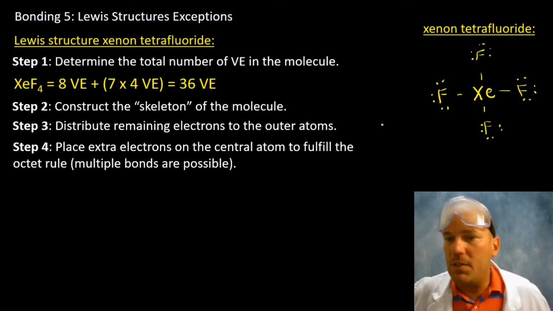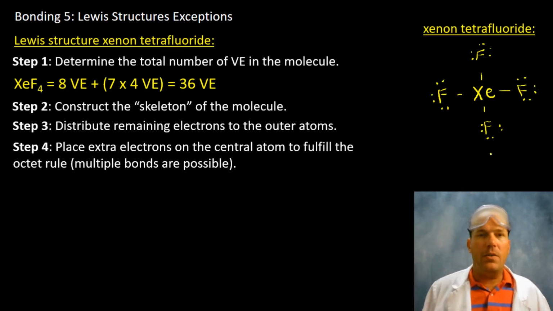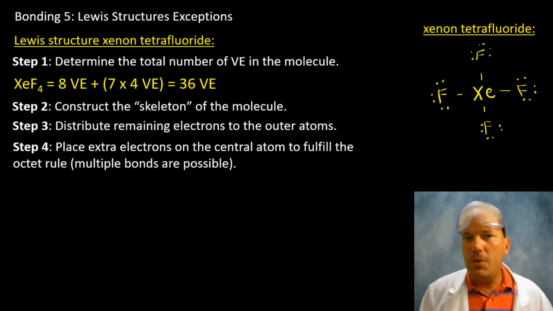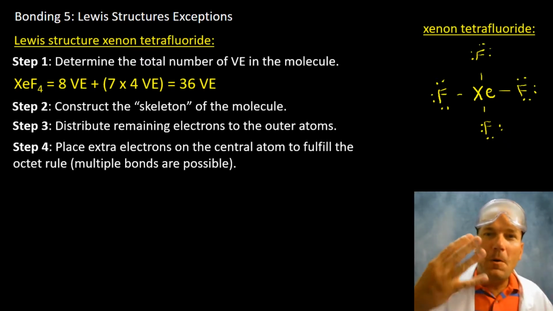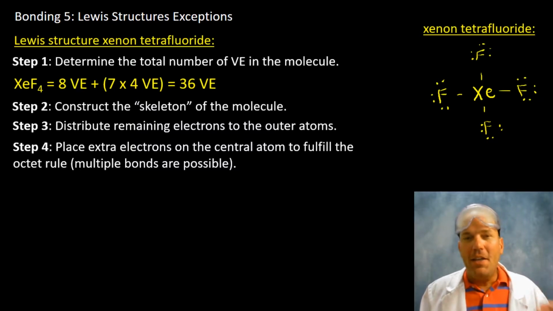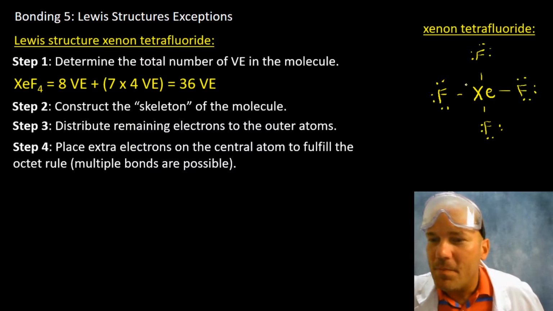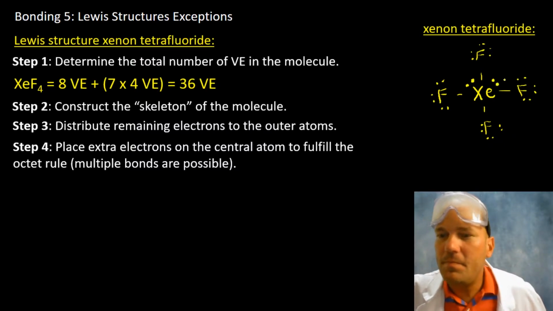So now what I'm going to do: 2, 4, 6, 8, okay? And that's going to be all the way around, so I have 32. I need 4 more electrons in this structure, okay? And I am going to actually place them on this central species.